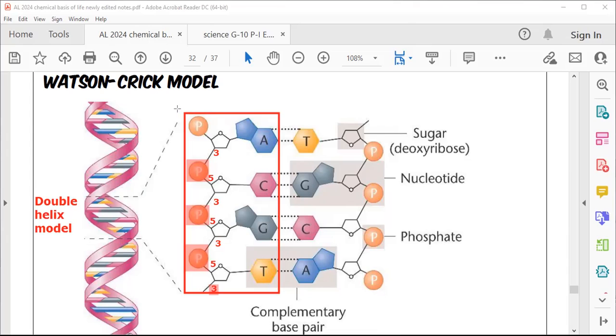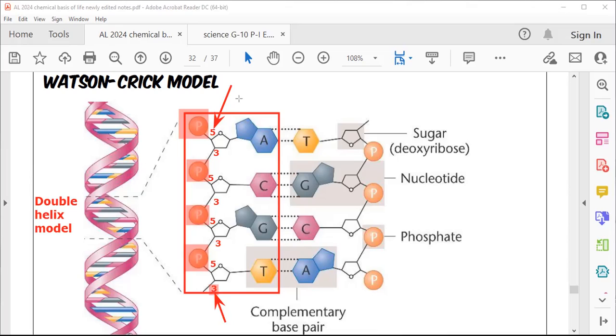If it is so, this fifth carbon, say the chain is finishing there, is this one involved in forming the phosphodiester bond? No. This one is not making the phosphodiester bond. This one is also not making the phosphodiester bond.